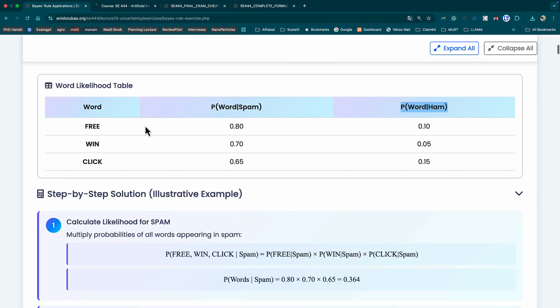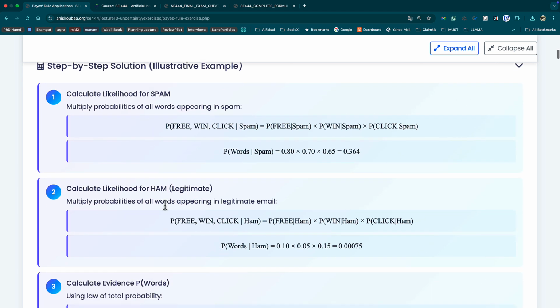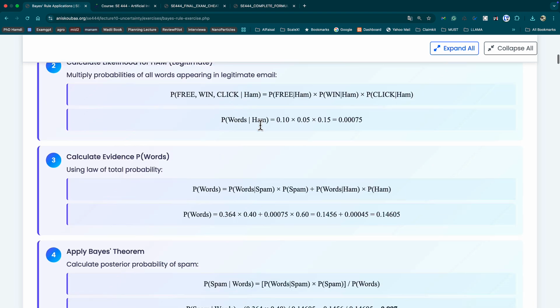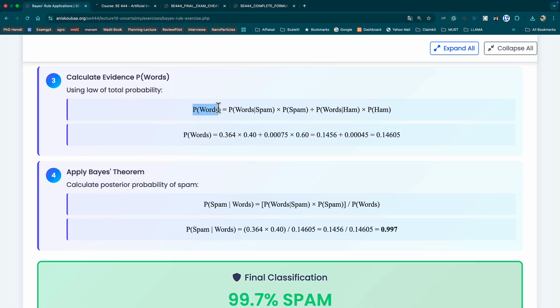So this will take us to the following: the probability of free, win, click. And now we calculated this, right? So we want to calculate the probability of the words. Using the law of total probability, we can write it: the probability of words given spam multiplied by the probability of spam, plus the probability of words given not spam multiplied by the probability of not spam.